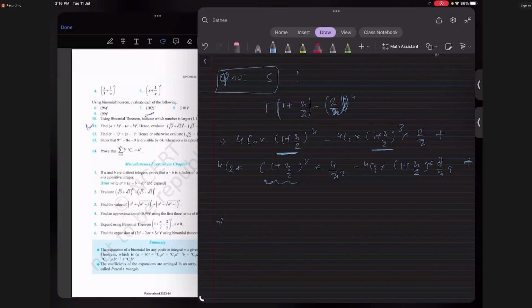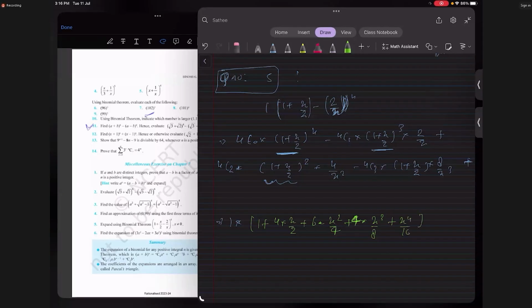So 4c0 is 1 into, if we expand this term, 1 plus 4 into x by 2 plus 6 into x square by 4 plus 4 into x cube by 8 plus x to the power 4 by 16.